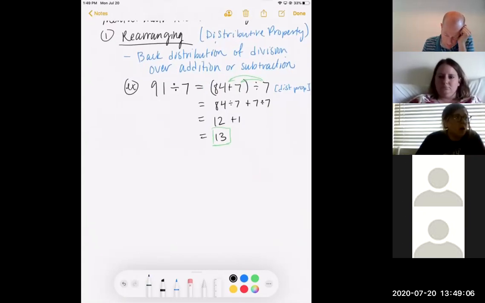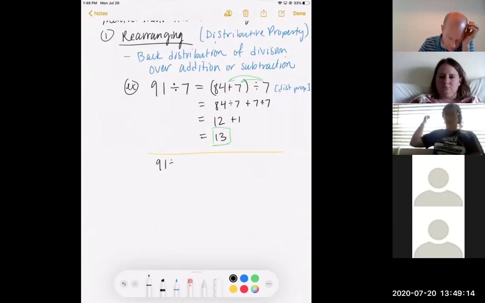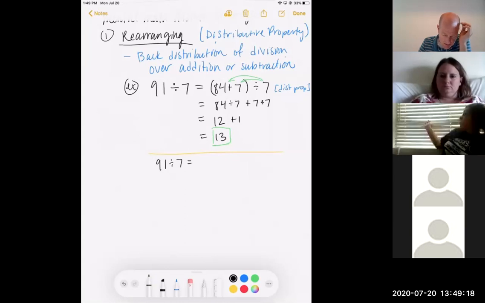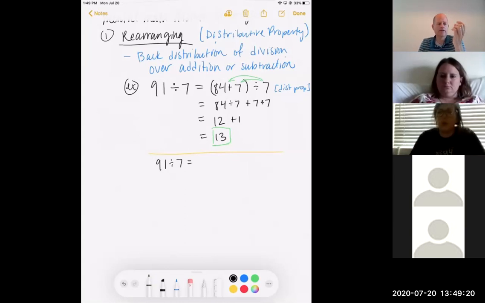What else can we do? How else can we break 91 into two numbers that divide by 7 nicely? It's good to have easy numbers. You go as easy as possible since it's mental math.